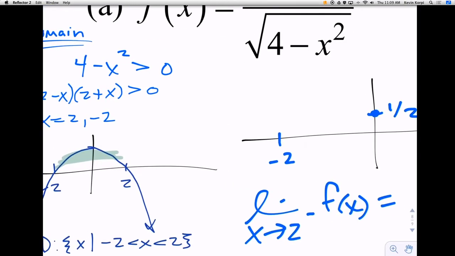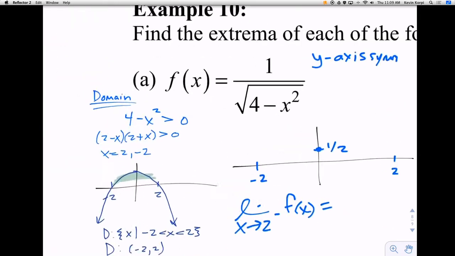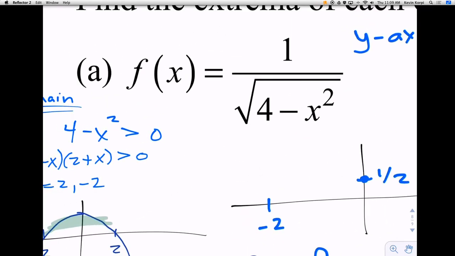If I then take the square root of a very small positive tiny number, I'm going to get a smaller positive tiny number, right? Even smaller yet. And what is 1 over a very small number? What is the reciprocal of a very, very tiny small positive number? A very big positive number known as infinity.